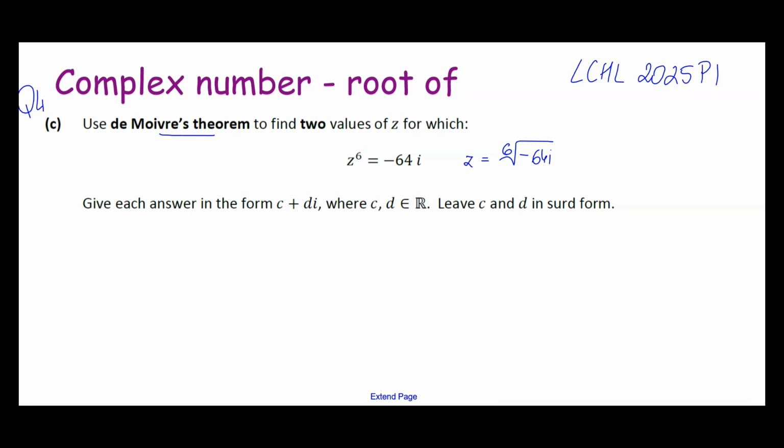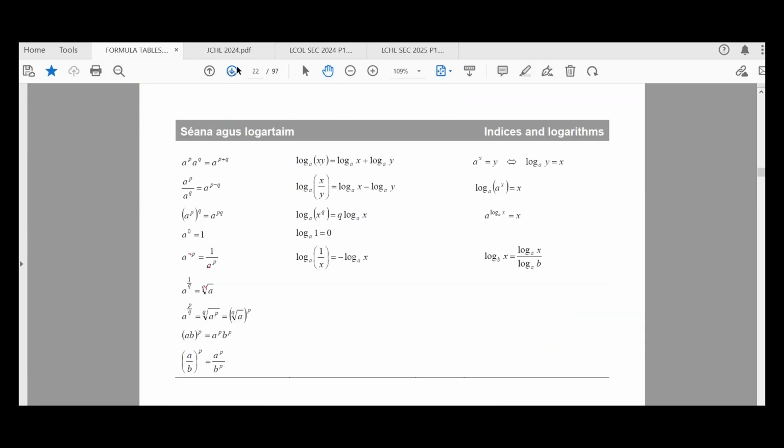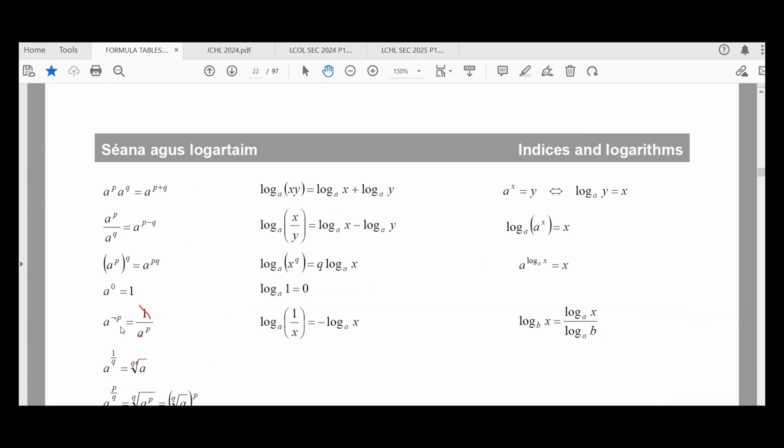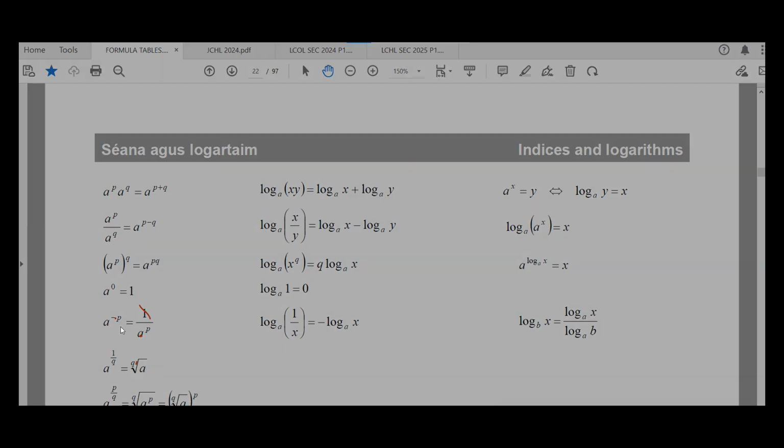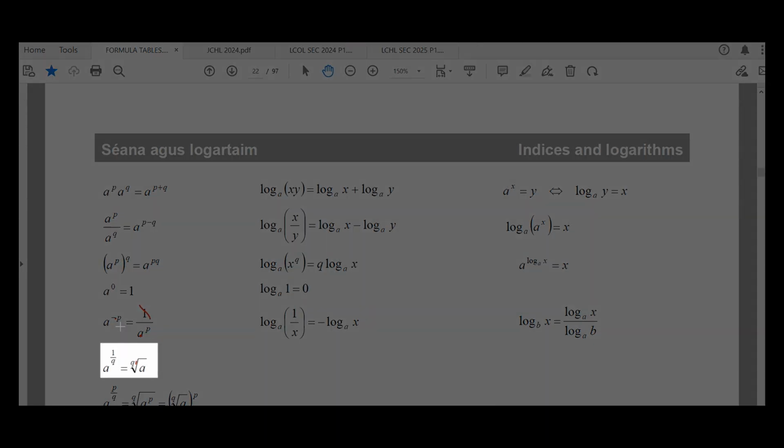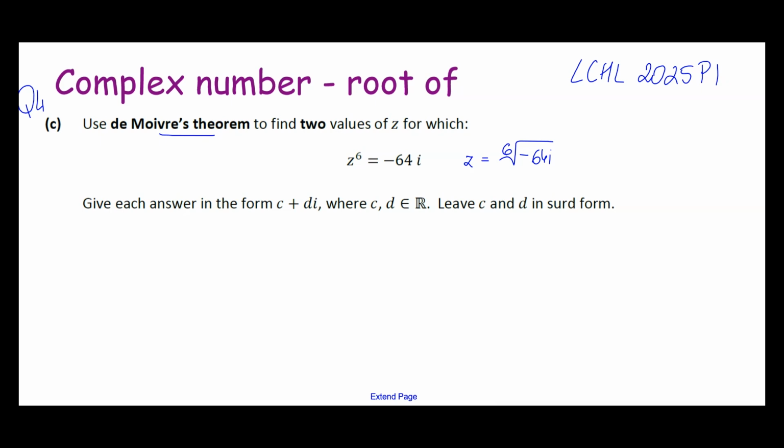The formula in our table, let's have a look. The formula here is saying that 1 divided by a to the power of p will equal a to the power of minus p. Sorry, that's not the formula. This is the formula. It's the red dots that distracted me.